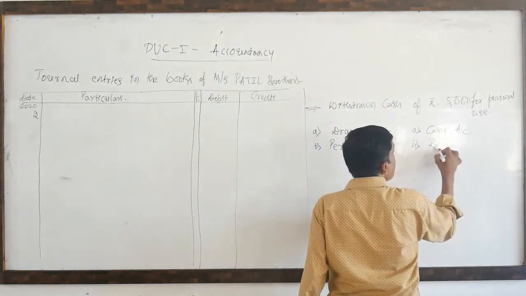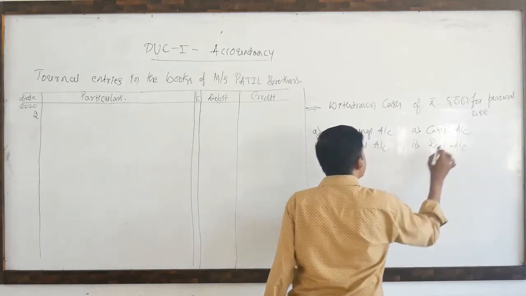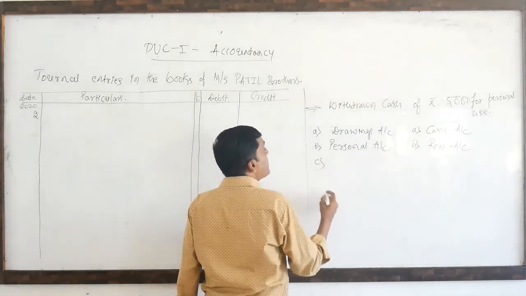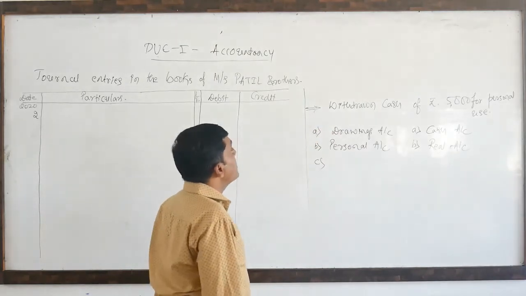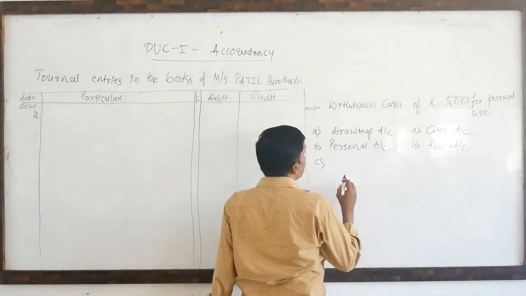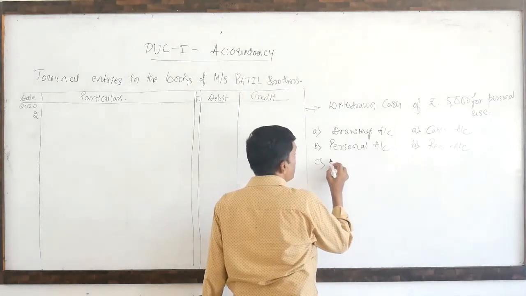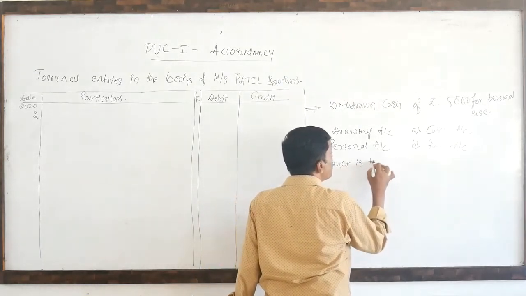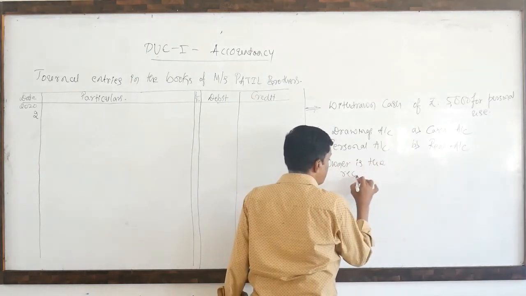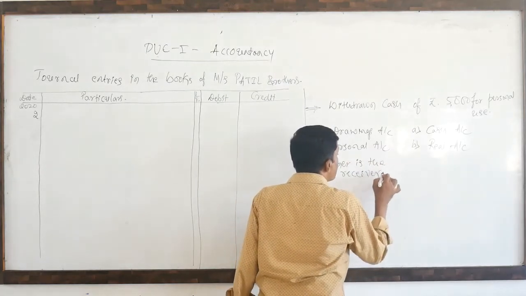Cash is the real account. Next point: drawing means here he is the owner. He receives the cash, so the owner is the receiver.